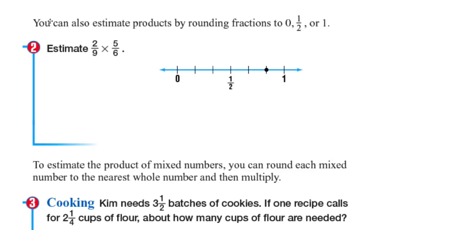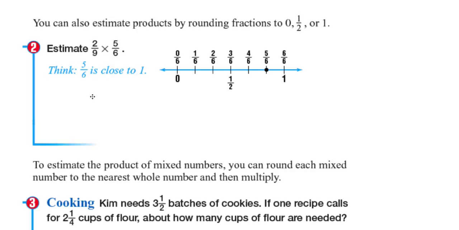You can also estimate products by rounding fractions to 0, 1/2, or 1, just like we did before. We want to estimate 2/9 times 5/6. Remember that 5/6 is close to 1. On the number line, 5/6 is here, between 1/2 and 1, and 6/6 is obviously 1. 5/6 is closer to 1, so we estimate 5/6 as 1.